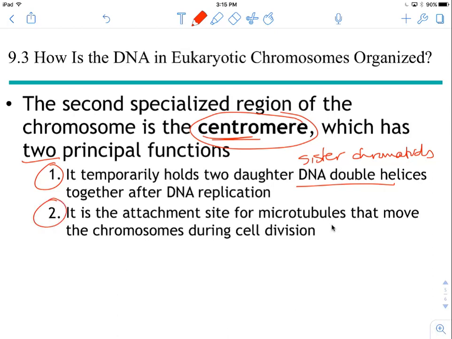And also, number two, it is where the microtubules attach during cell division, mitosis and meiosis, to help move the chromosomes around and get them to the right spots for cell division.